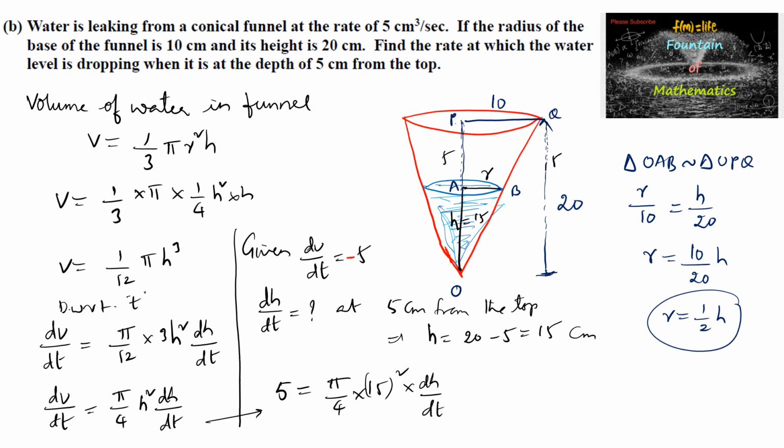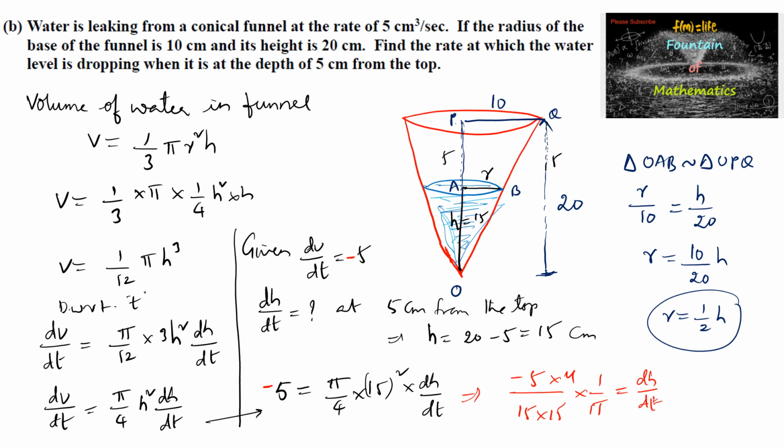So minus 5 is equal to that, which implies minus 5 divided by 15 into 15 into 4 into 1 by pi is equal to dH by dt.